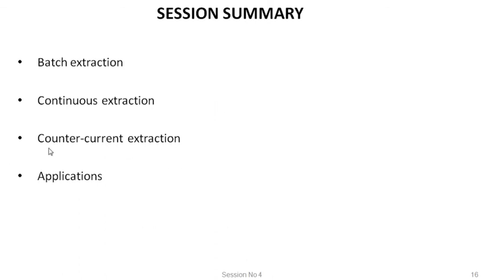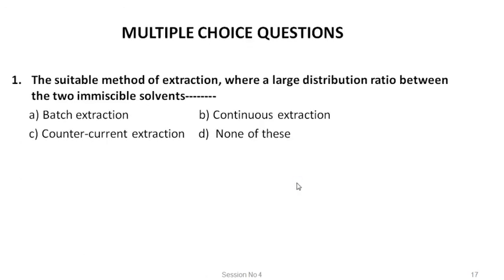Countercurrent extraction means the currents you are passing are counter to each other, which means you are passing immiscible solvents. From bottom to top, you have the less dense one. From top to bottom, you have the heavier one. Then we have also seen the applications.